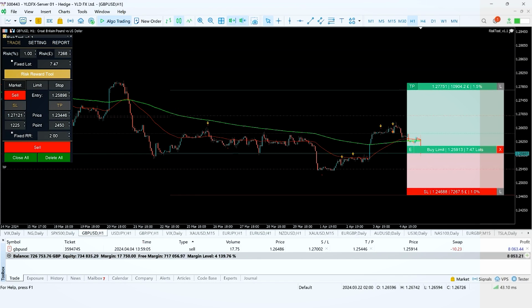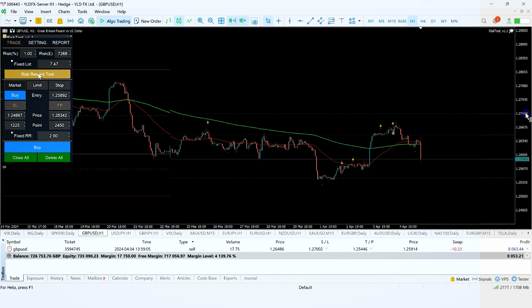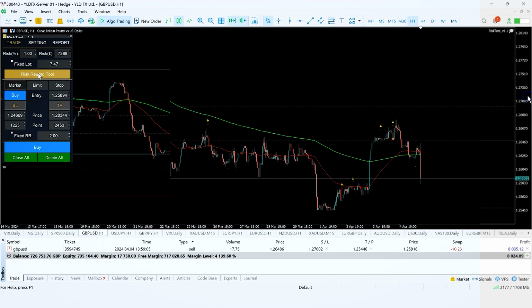So having a reward to risk tool just does all the automatic calculations for me and will ultimately tell me exactly how I'm performing. And the nice part about it is, so it doesn't clog up your screens, you can click it off with that gold button up there, and you can click the little arrow, and you've got nice clean charts.